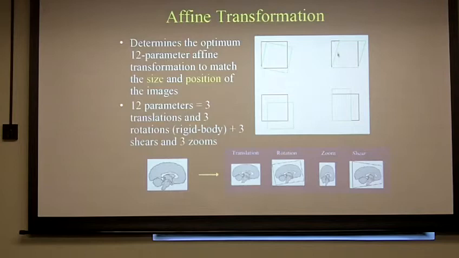This is shearing, and it twists the image, but it preserves the parallel relationship between lines. So this bottom panel shows how this source image is translated, rotated, zoomed and sheared.